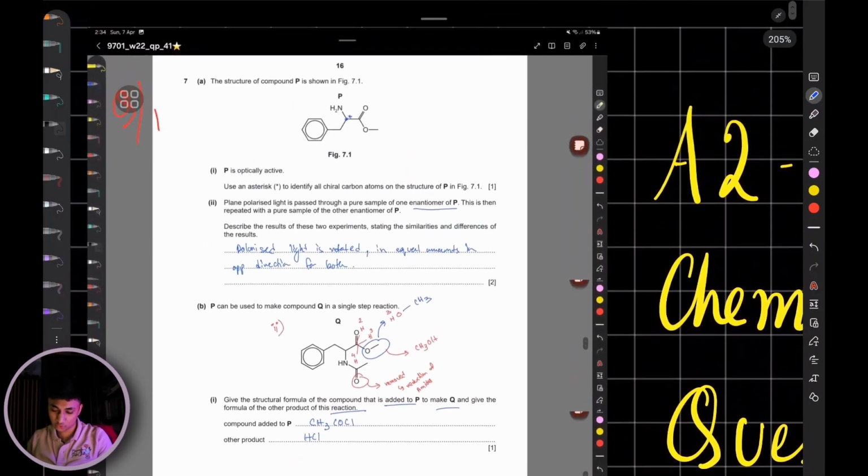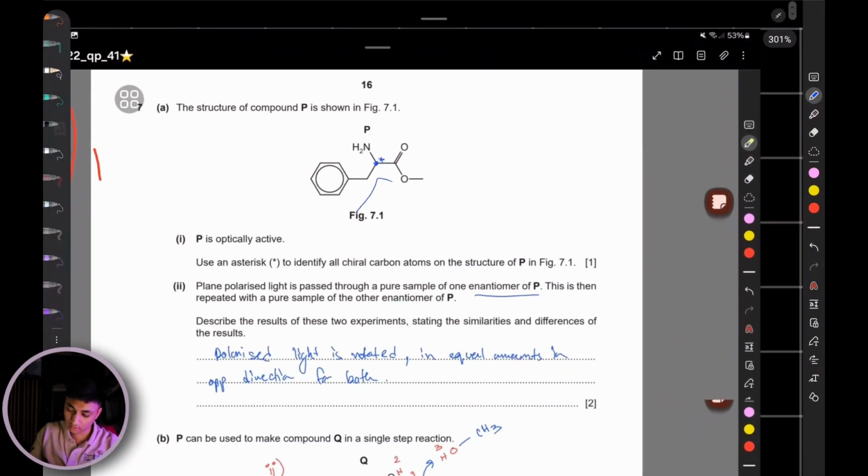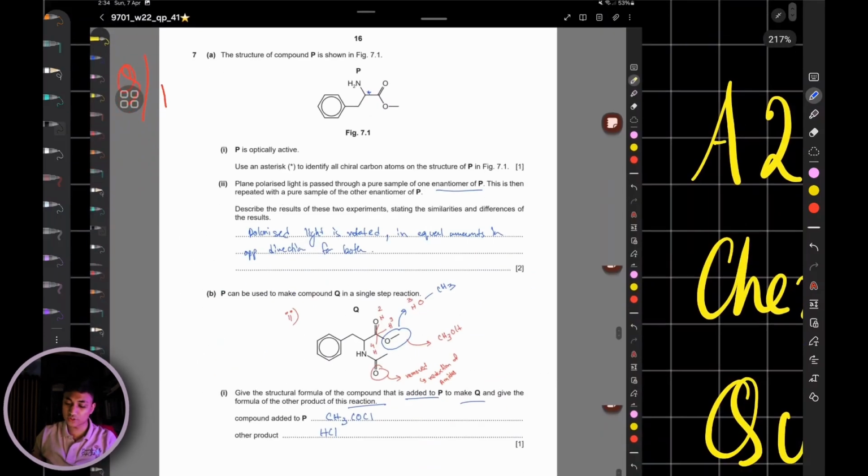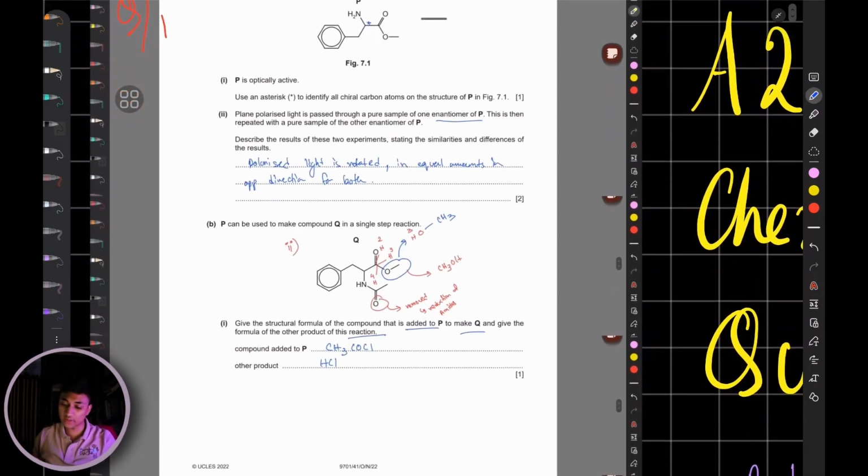Now, why you ask? Notice. In case of P, there is a carbon atom over here, right? There is a chiral carbon, and there is a long chain of carbon atoms over here, which is going to have an electron donating effect.